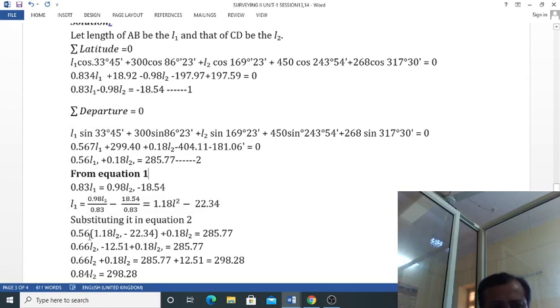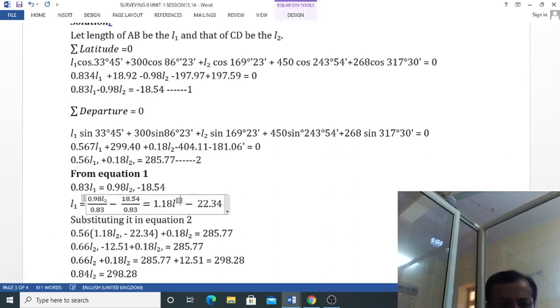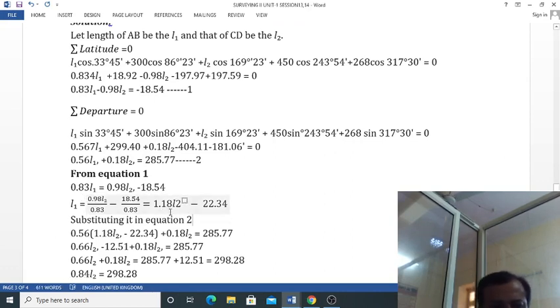Then 0.83 gets cancelled and you get only L1. So L1 is equal to 1.18 L2 minus 22.34.